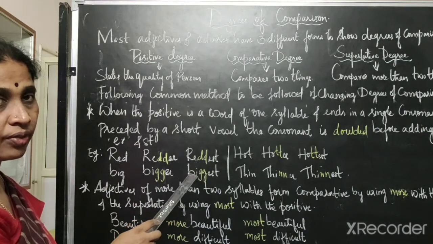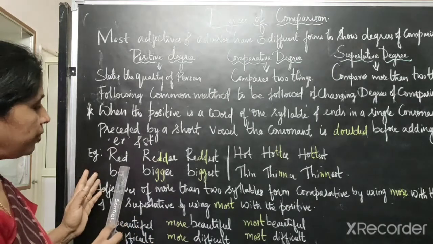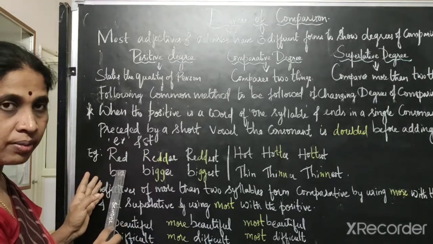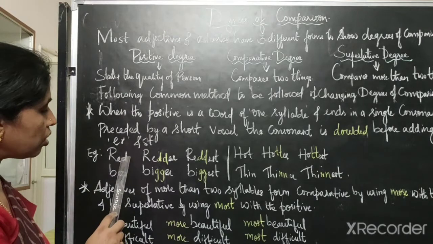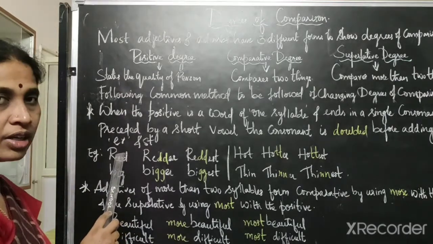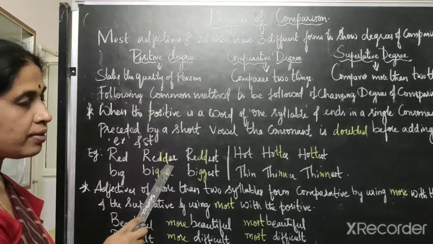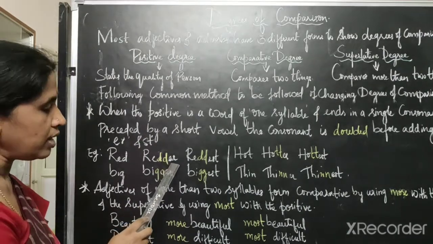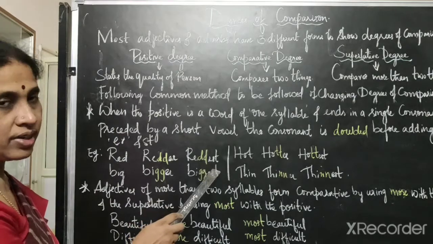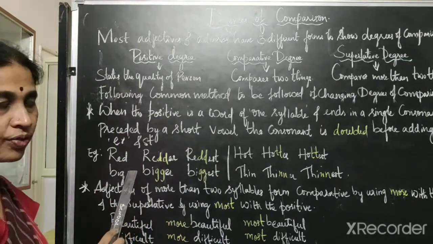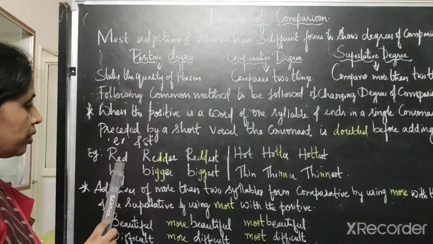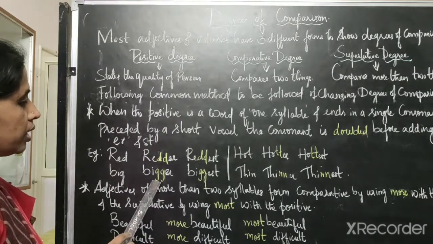So this is also one of the rules: if the word has one syllable with a single consonant preceded by a short vowel, the comparative is formed by doubling the consonant before adding ER and EST. Some examples of those words are red, big, bigger, biggest.